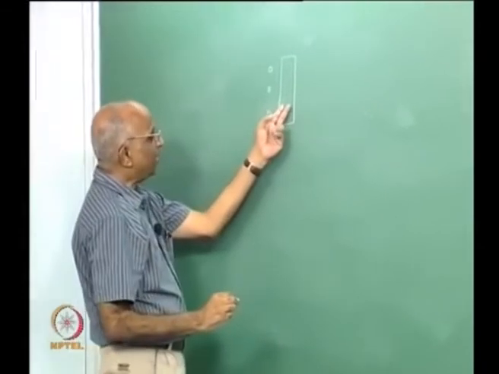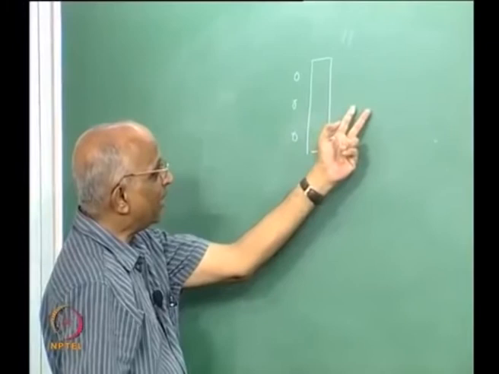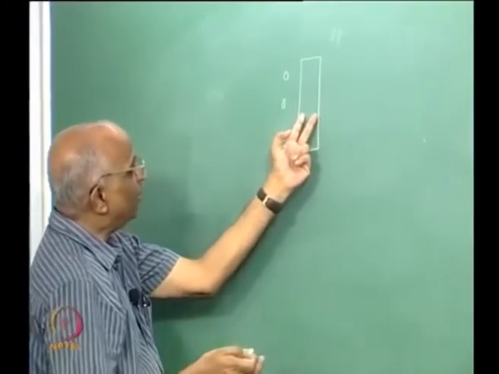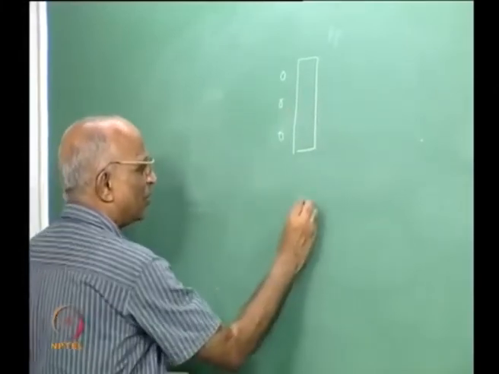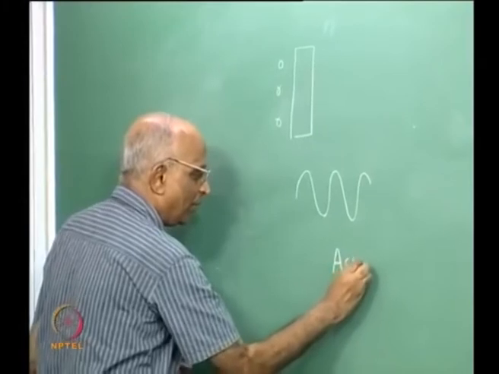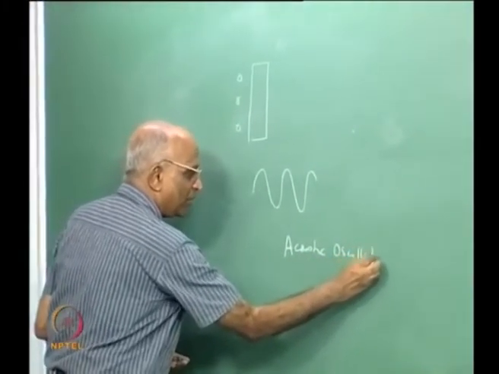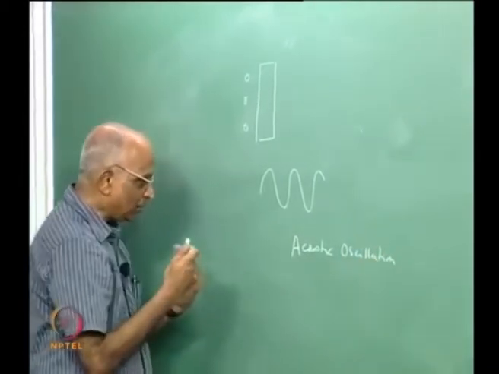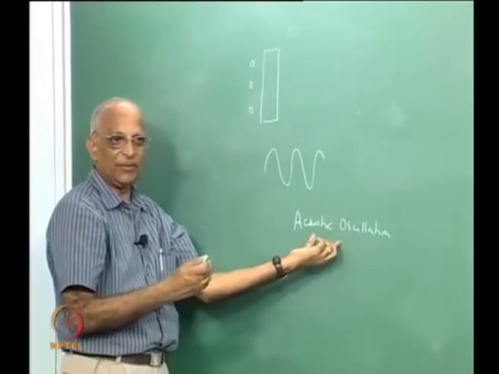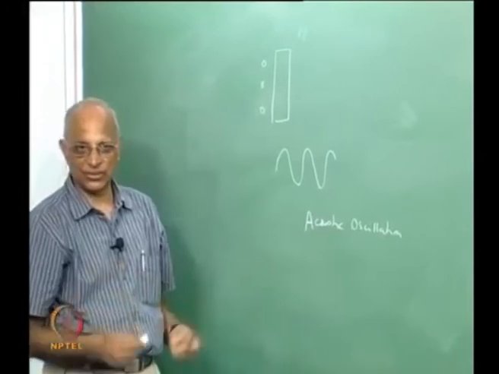If I have a pressure antinode or a velocity antinode wherein the heat transfer is higher, or a pressure antinode is in the same phase as the heat release, my oscillations will grow, and such oscillations are also referred to as acoustic oscillations. Why acoustic oscillations? Because of the acoustics, that is the sound waves getting reflected, forming a standing wave, and instead of calling it wave mode oscillations, it is also known as acoustic oscillations.